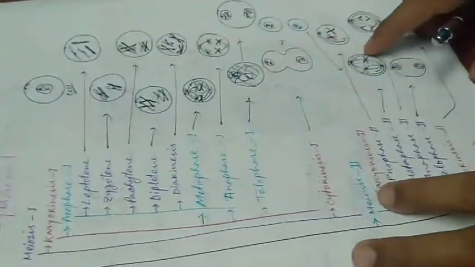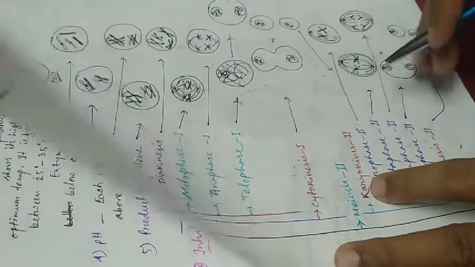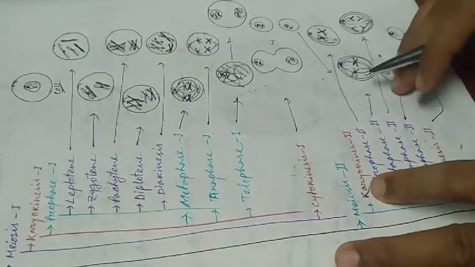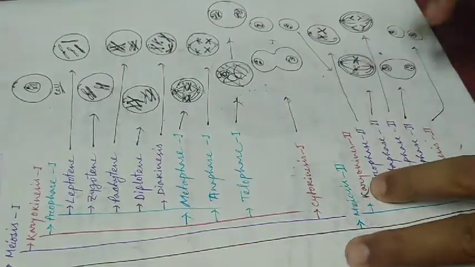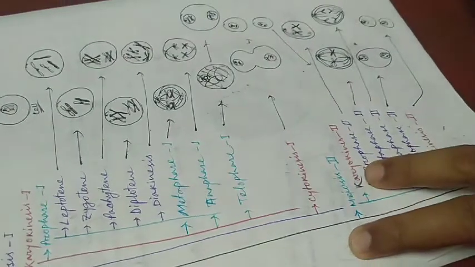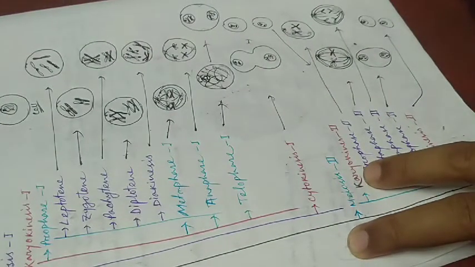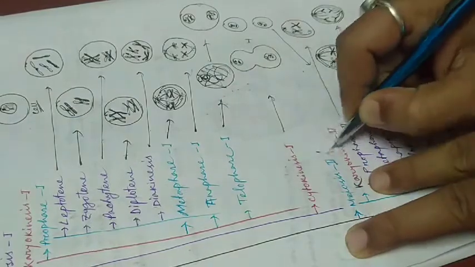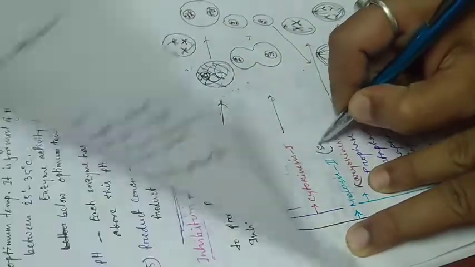Then meiosis 2 will occur. In meiosis 2, the first phase is karyokinesis 2. The steps of meiosis 2 are the same as mitosis cell division.